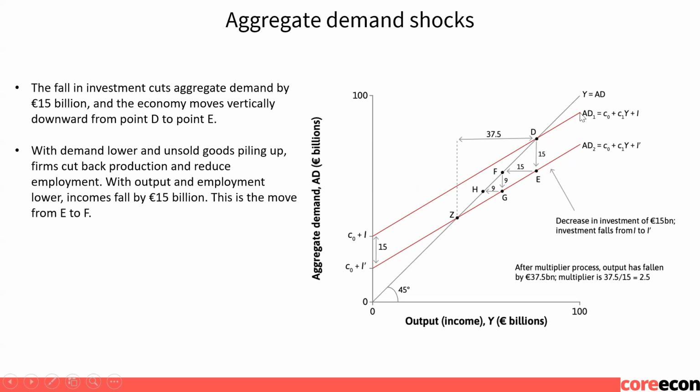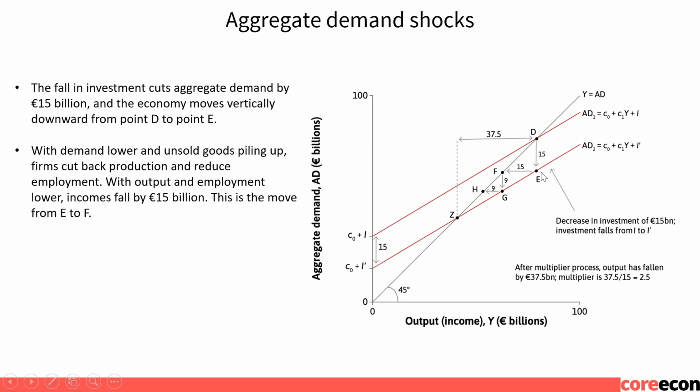So the aggregate demand is decreasing here, shifting downwards, becoming this AD2 function, right? So investments initially were I, they become I prime, so they reduce by 15 billion euros, and now we are here at point E.